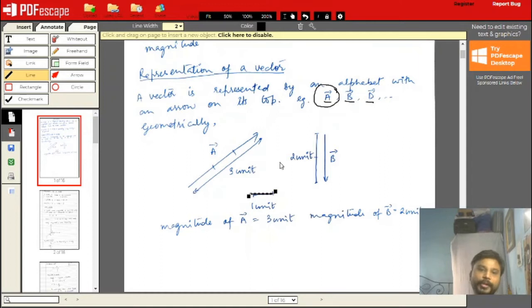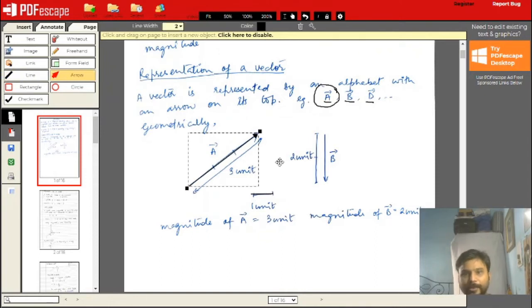To draw vector A, what we have done is that we have repeated 1 unit 3 times, 1, 2 and 3. So this whole becomes A vector. And since we know that the vector must also have a direction, we have put an arrow on top of it. So this arrow shows the direction of the vector, and how long that arrow is shows the magnitude of the vector.